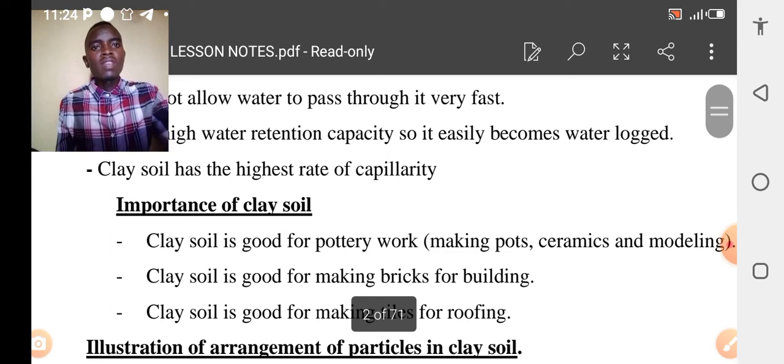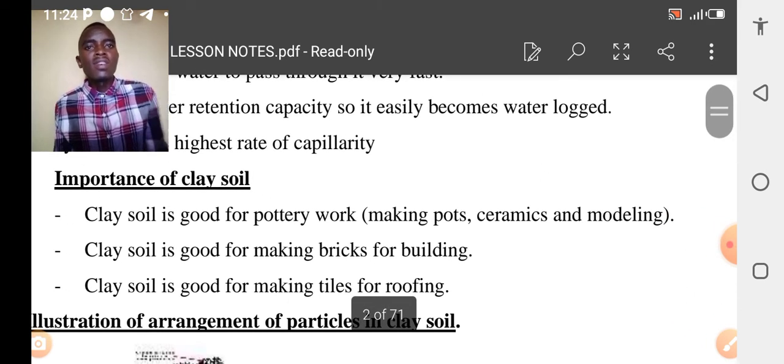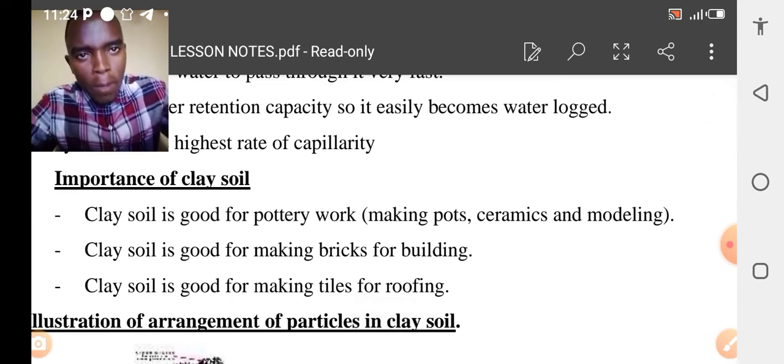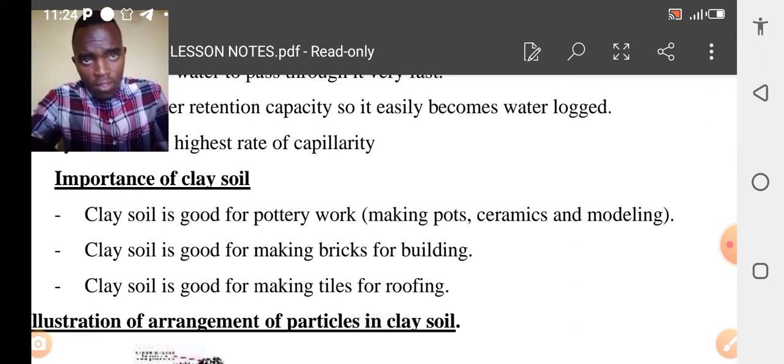So we are going to see the importance, the uses, of clay soil. As we see here, clay soil is good for pottery work.